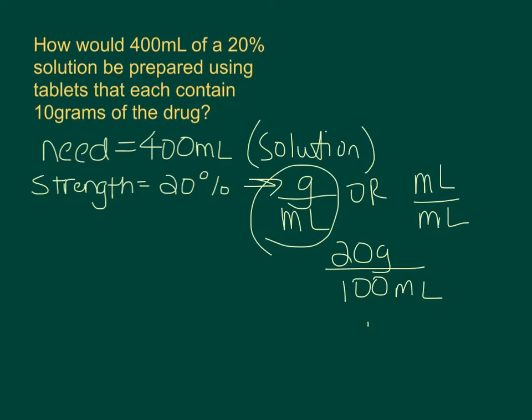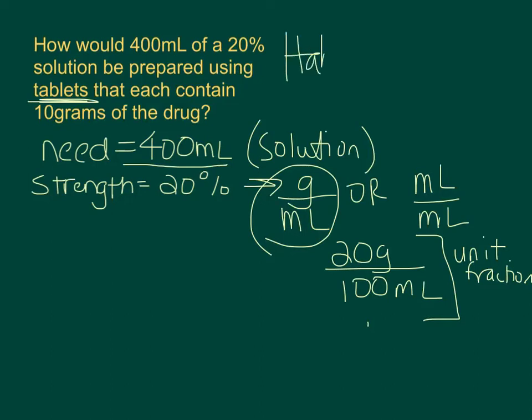So just to make sure our math is correct, it's always good to double back on that. I'm going to take the 400 milliliters, which is our solution, and multiply it by the strength, which is our unit fraction here. The reason is that the question's asking how many tablets you're going to use if each tablet is equal to 10 grams.